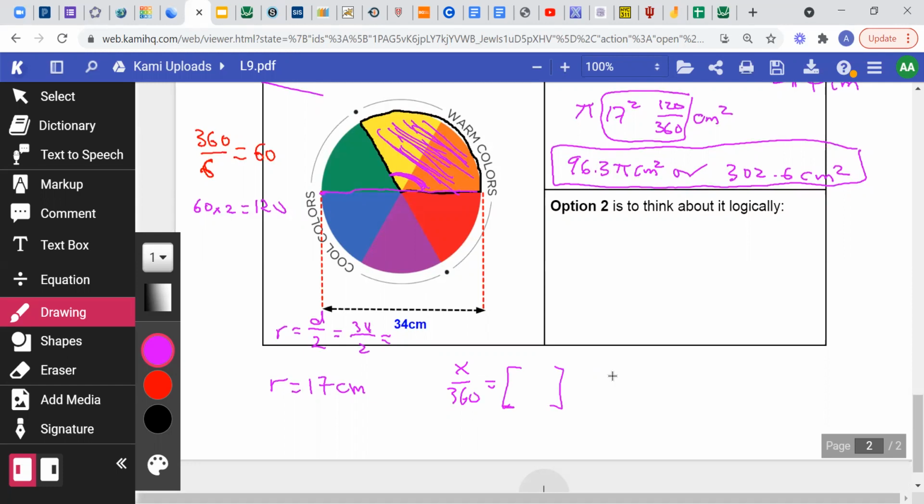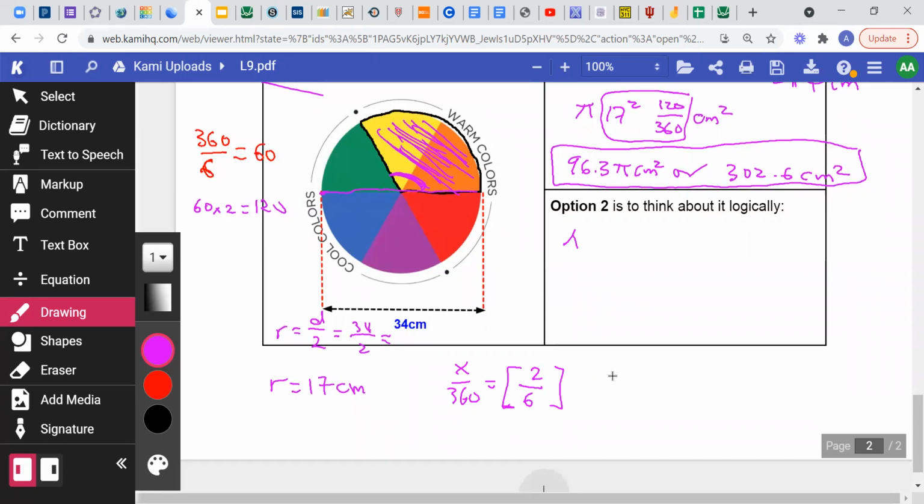Since we have 6 different colors, out of the 6, how many are we using? Savannah, how many colors are we using out of 6? 2, okay.